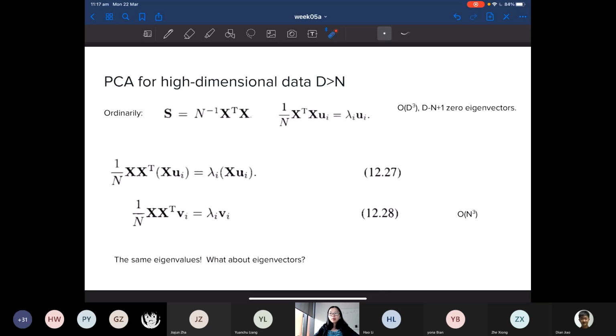So let's talk about more than vanilla PCA, right? What if we have high dimensional data with the number of dimensions greater than the number of data points? This can happen in practical cases.